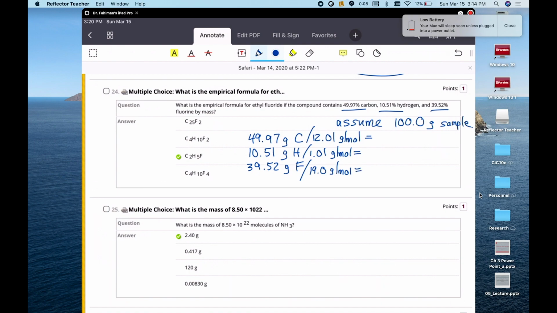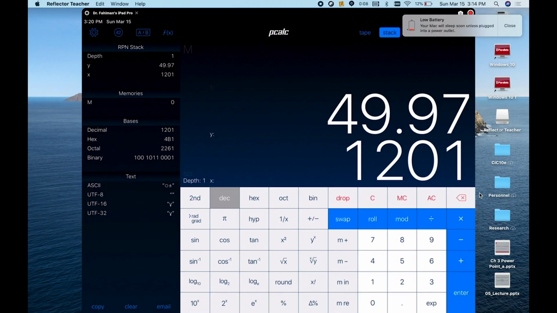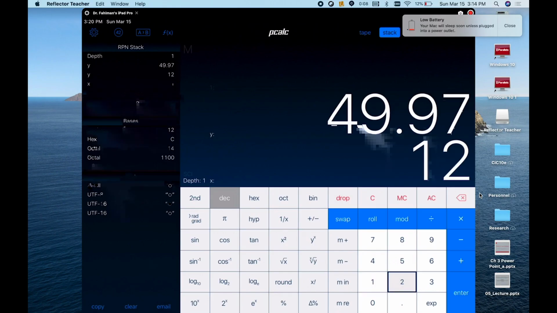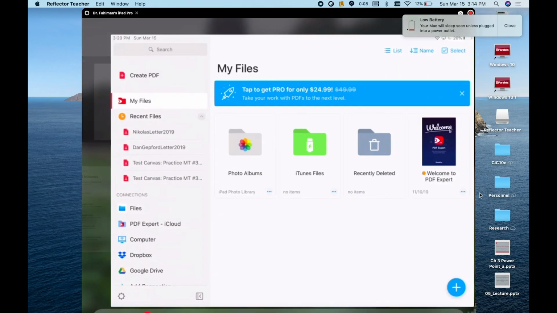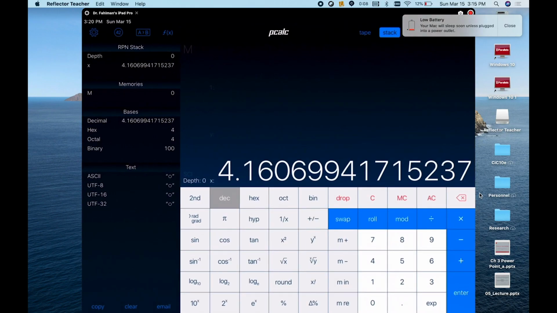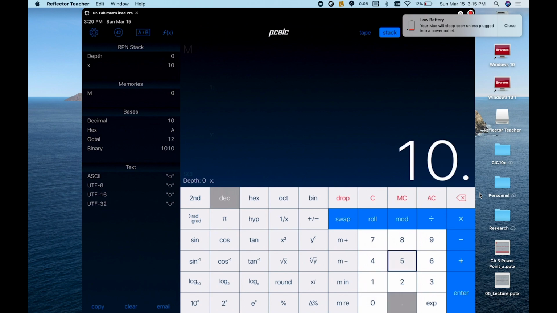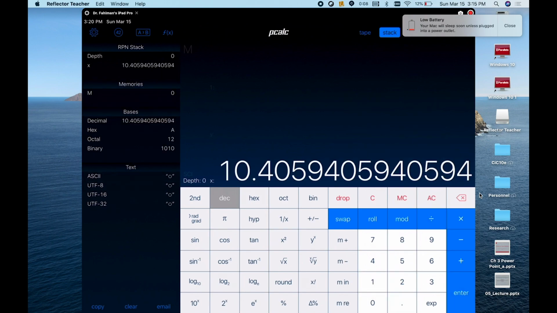Okay, 49.97 divided by 12.0 is 4.16. 10.51 divided by 1.01 is 10.41.